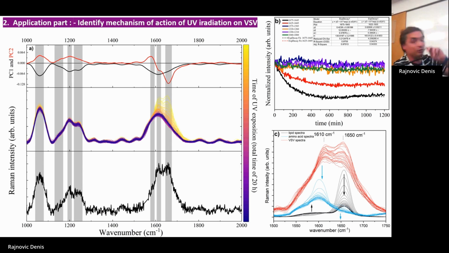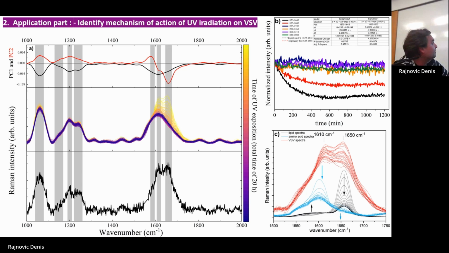So the first part was to identify spectral markers that are sensitive to UV photodegradation. In the lower panel, this is the initial spectra of the virus. In the second panel in the middle, we exposed this virus for a period of 20 hours.